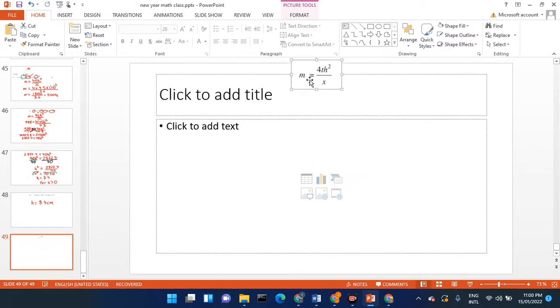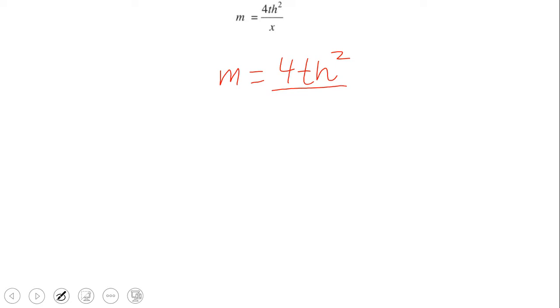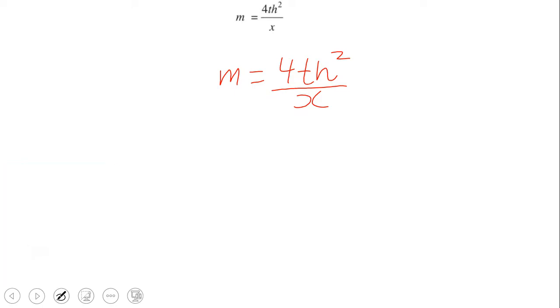So what we're going to do is rewrite our equation. So m equals 4t h squared divided by x. In order to do this, we're going to cross multiply. So we're going to say that m is going to be divided by 1.